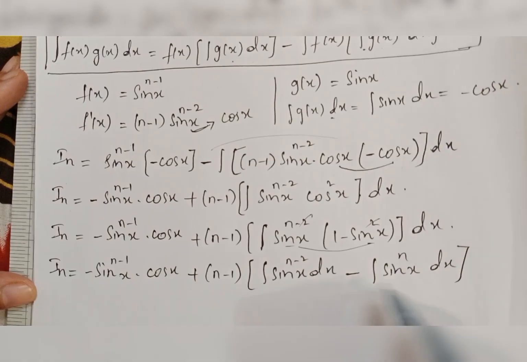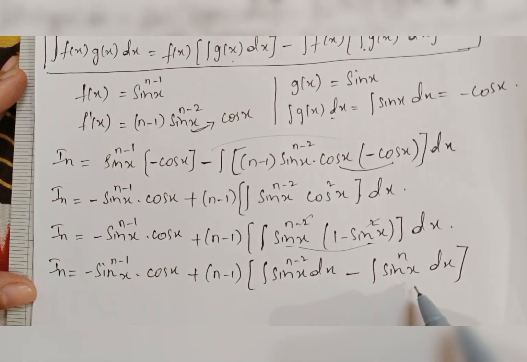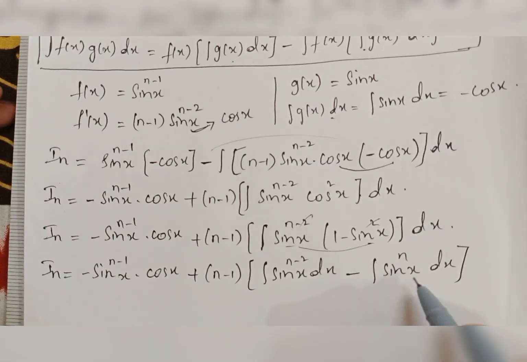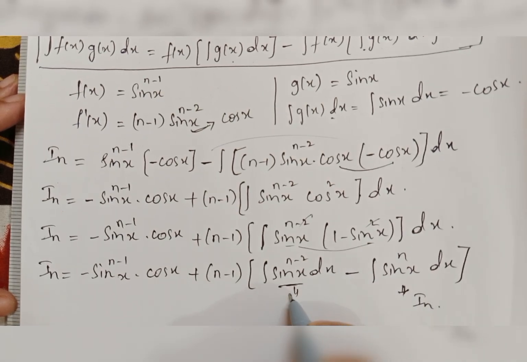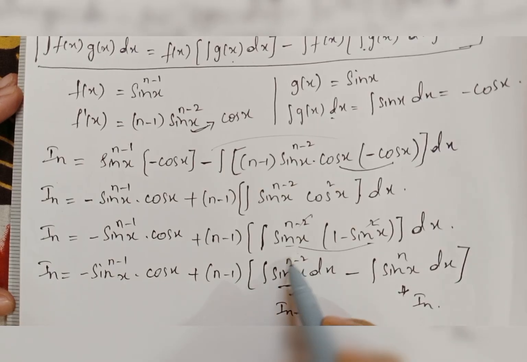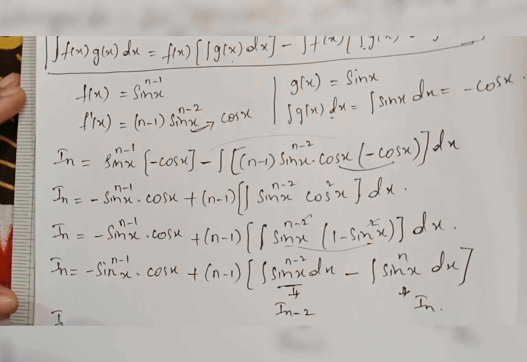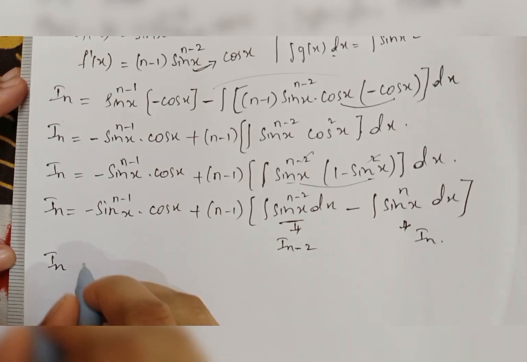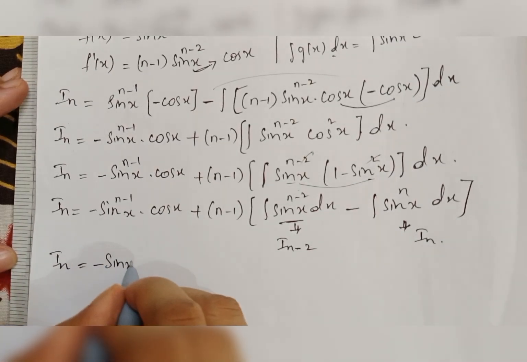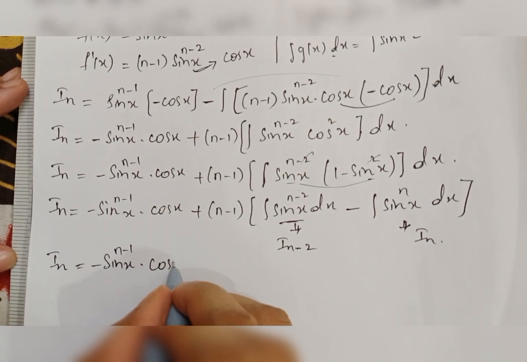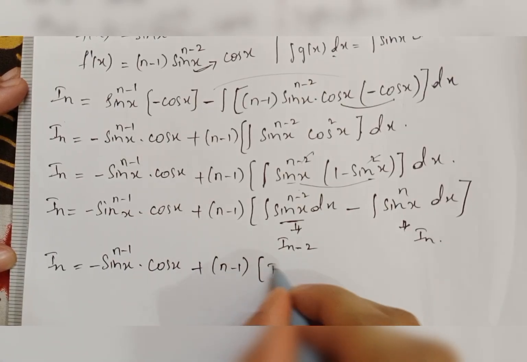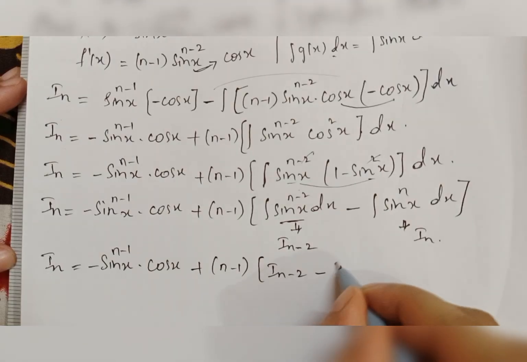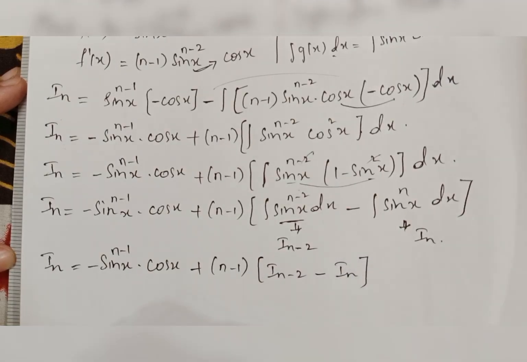Now this is nothing but our question, which we have considered. So this value is the value of I_n, and this other value is nothing but I_n minus 2, right? So we can write here I_n equals minus sin x power n minus 1 into cos x plus n minus 1 into I_n minus 2 minus I_n, right?